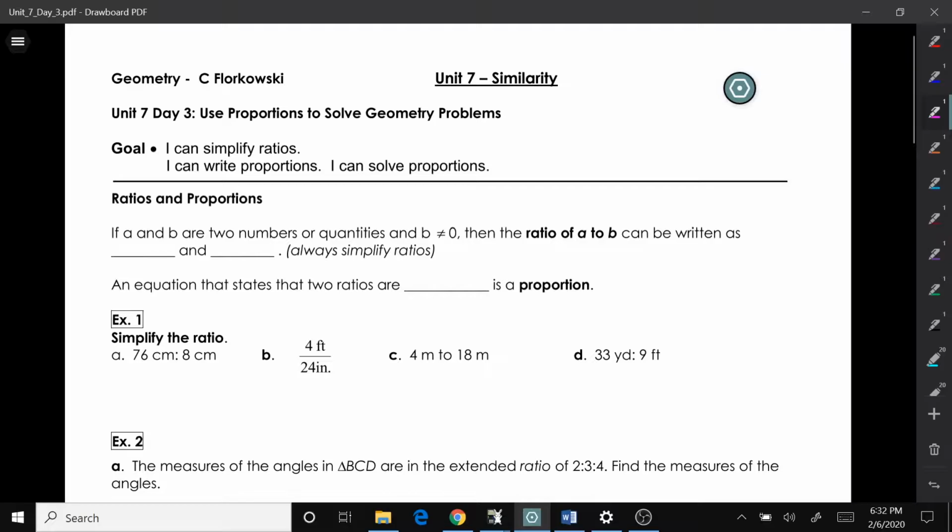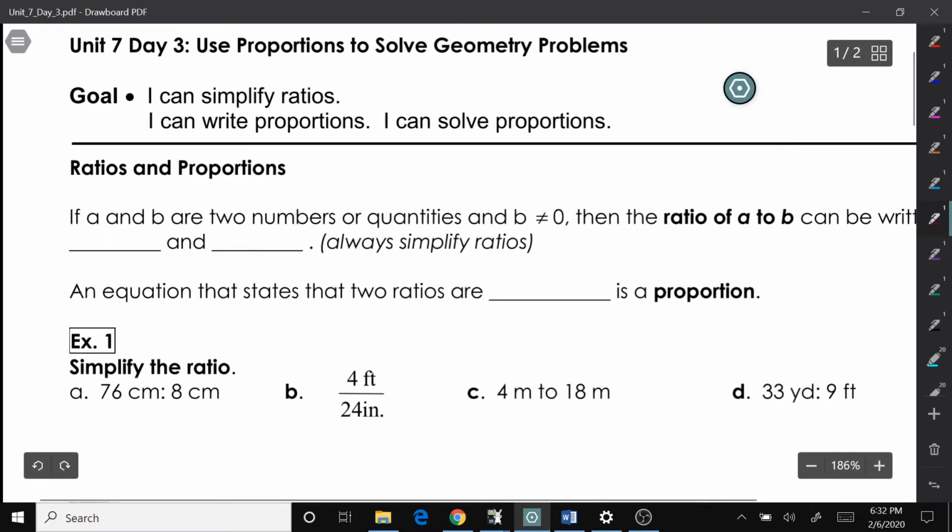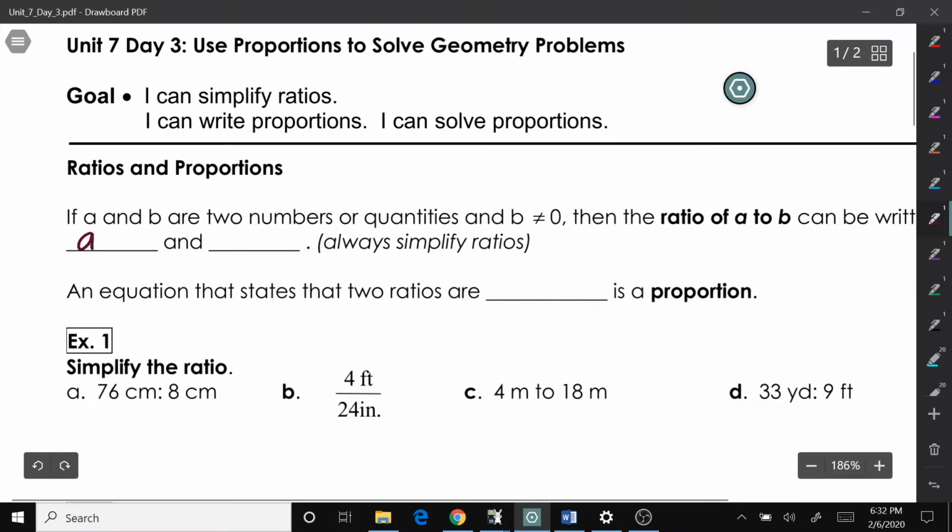Now, a ratio can be written several ways. We can write it like this, A to B, or A over B. You will most likely see it written as a fraction because it is more useful as a fraction.